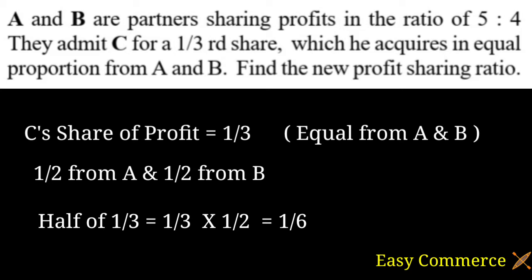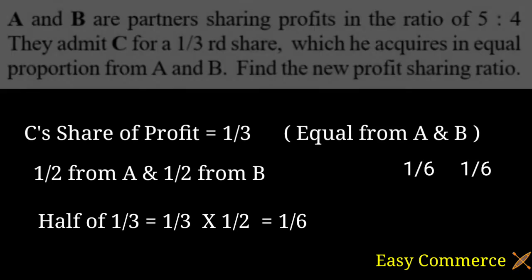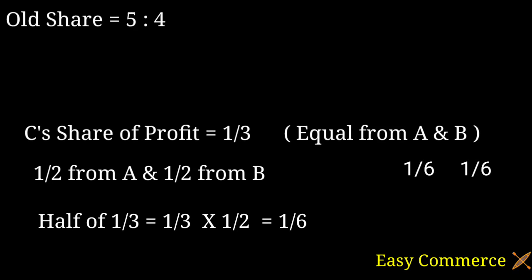That means the 1/6 portion is given by A and 1/6 portion is given by B to C from their profit. Their profit sharing ratio is 5:4. That means A's share equals 5/9 and B's share equals 4/9.